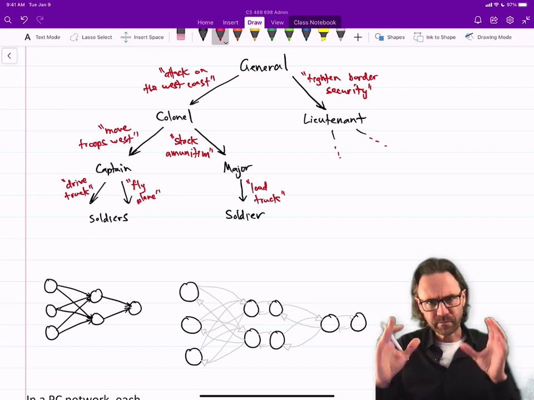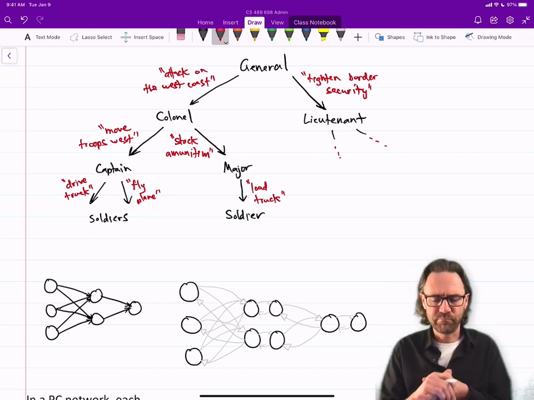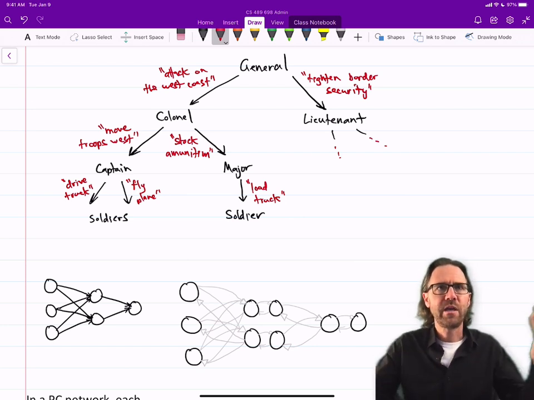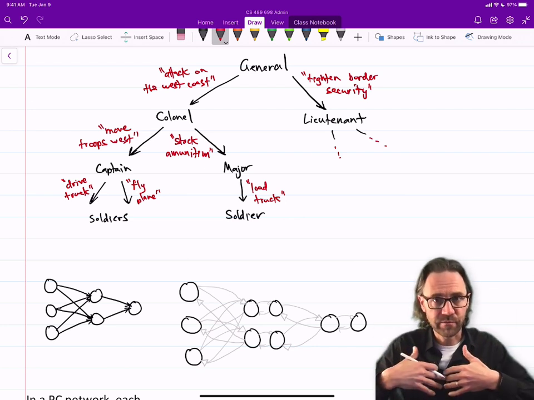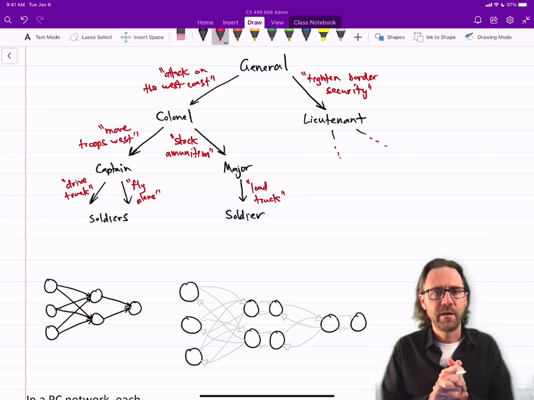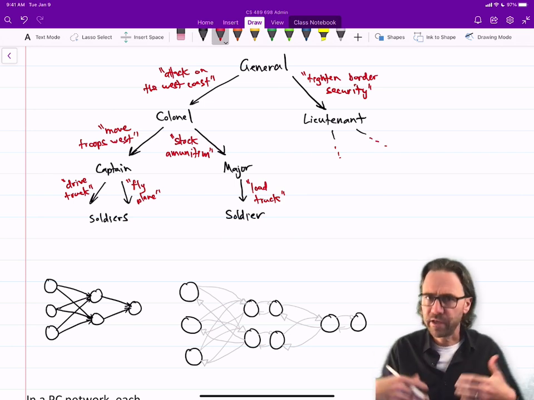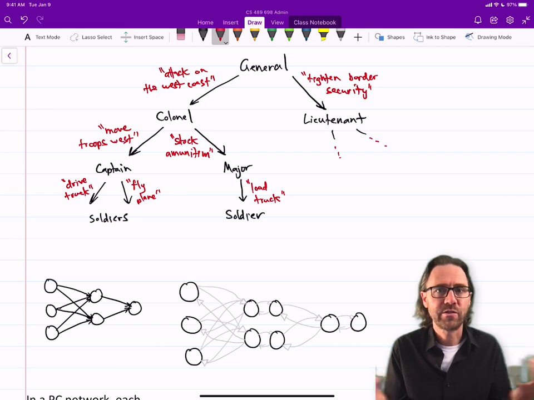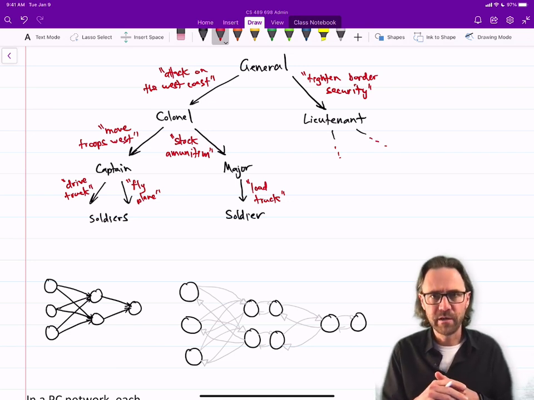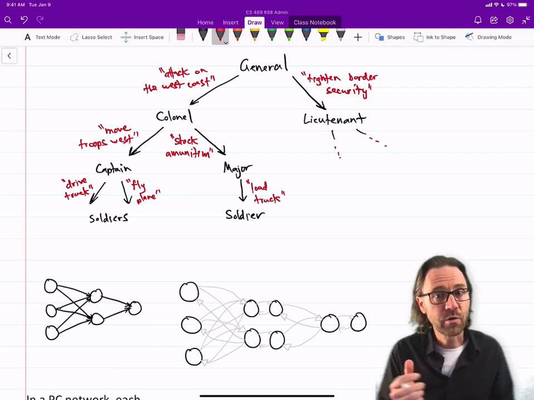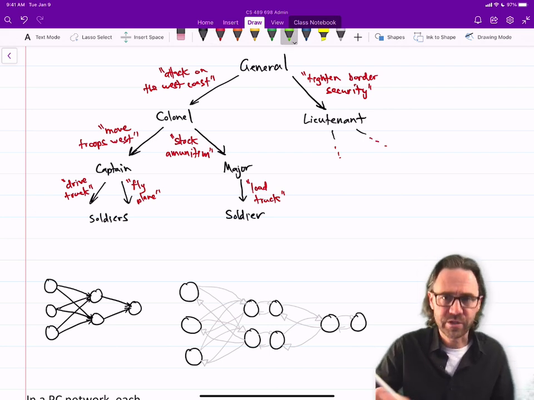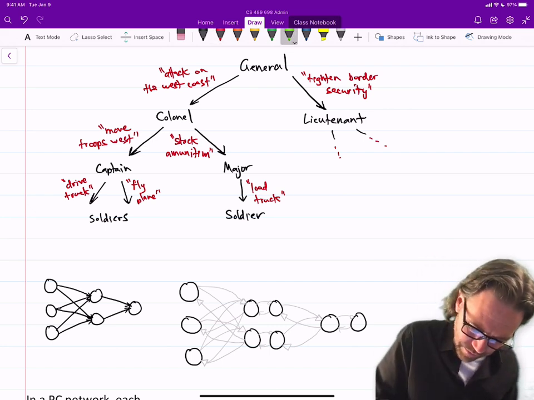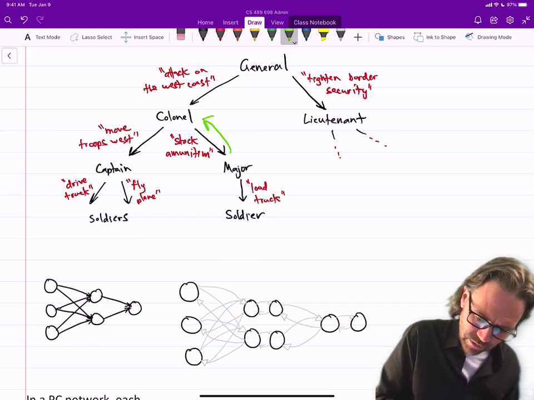Now, let's say for each chain, or for each person in this web, in this tree, I guess, they receive a command and then they send subcommands down the tree. And if they don't hear anything back, they assume that their requests are being fulfilled properly. Now, when something doesn't work for some reason, like let's say there's an ammunition shortage, so the major will report back to the colonel: ammunition shortage.